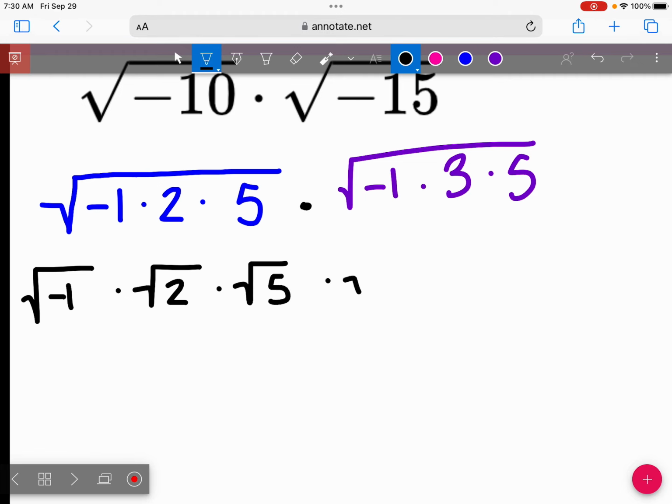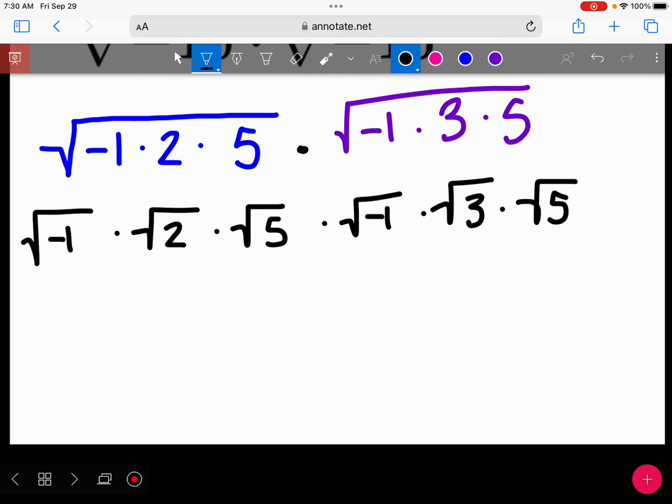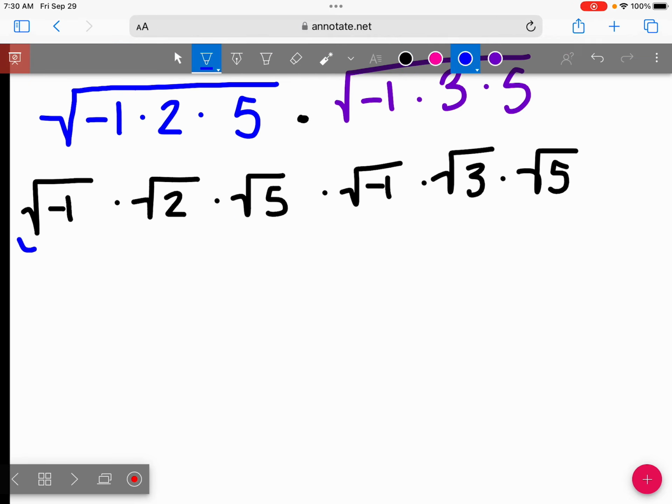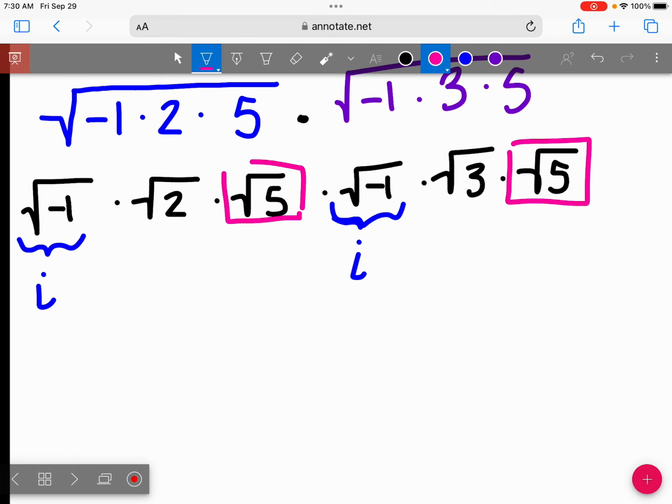Square root of 5, square root of -1, square root of 3, square root of 5. This guy is called I, and this guy is called I. I have 2 square roots of 5. If I put those back together, we get square root of 25, which means those actually just equal 5.